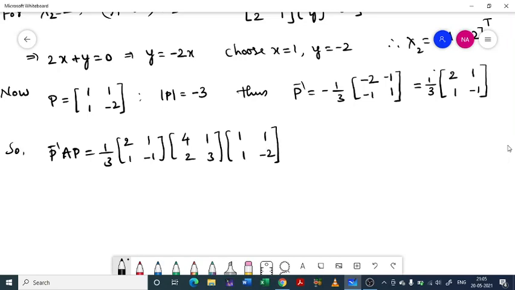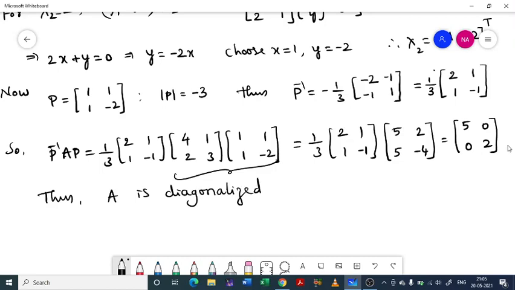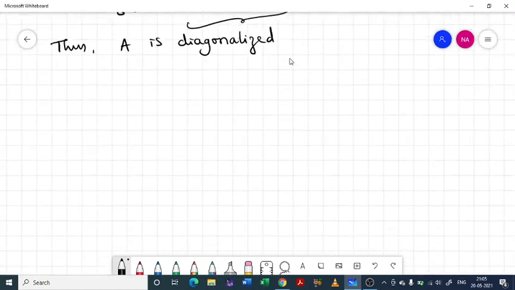You can check that the product will be 1 by 3 times [[2, 1], [1, minus 1]] into [[5, 2], [5, minus 4]]. And finally it will be [[5, 0], [0, 2]]. Thus A is diagonalized. So that completes problem C.